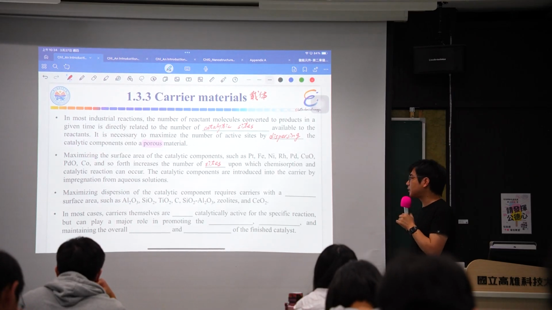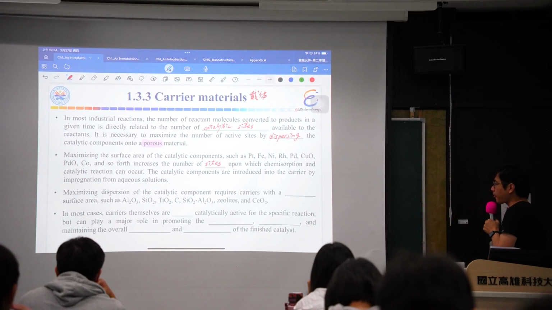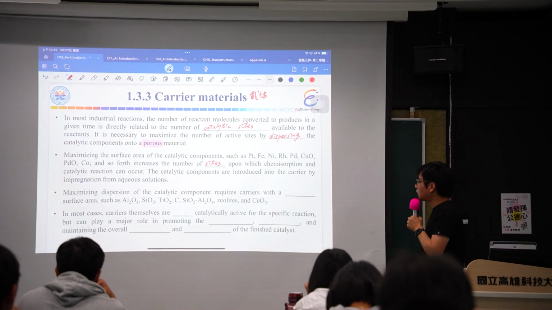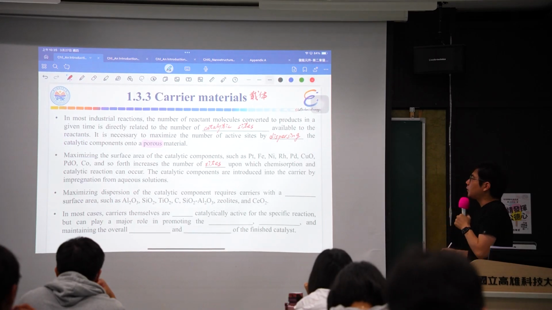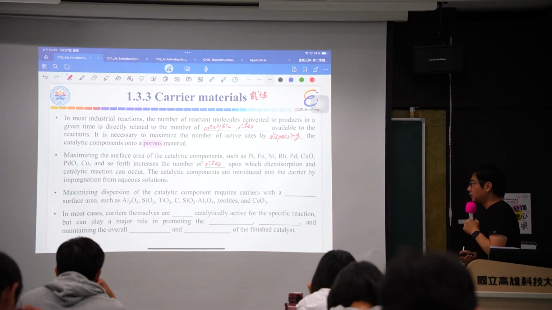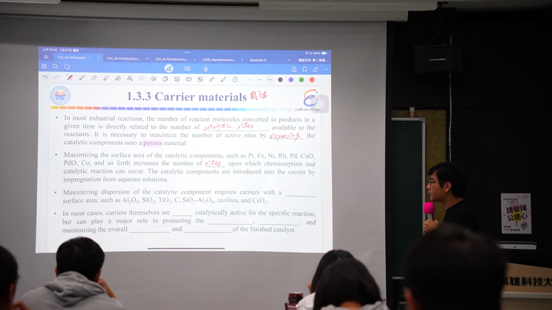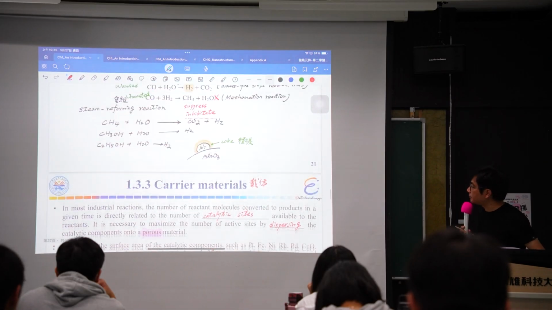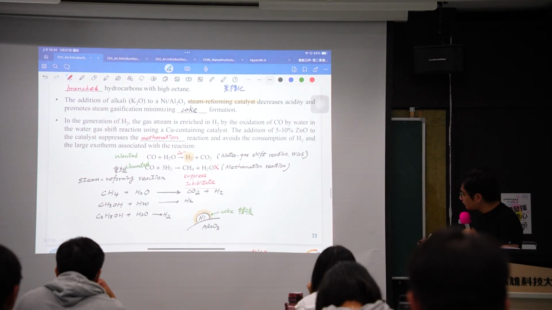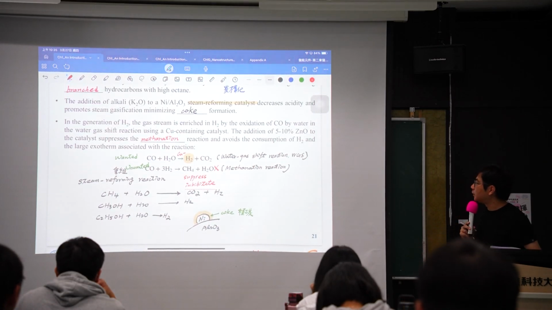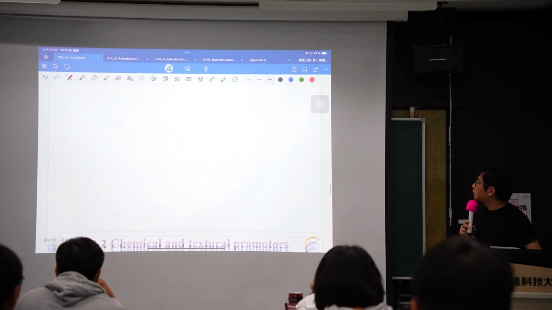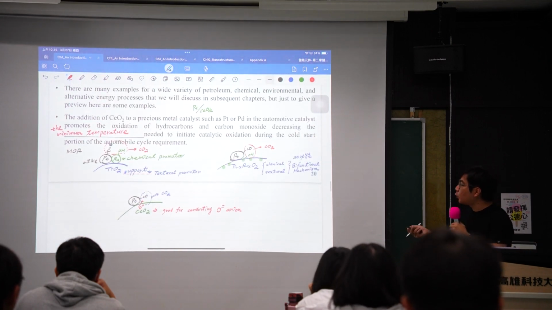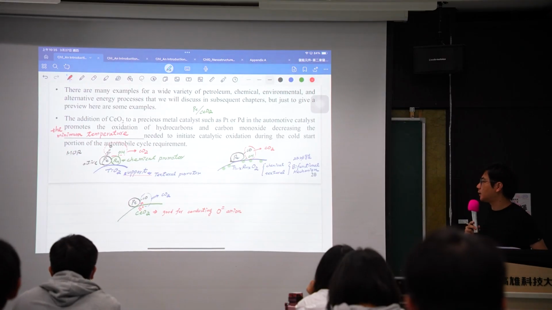Okay. So carrier is like a support. For example, like carbon, like aluminum oxide. Aluminum oxide. And this is a carrier, or carbon, CO2. Okay. This is a carrier.